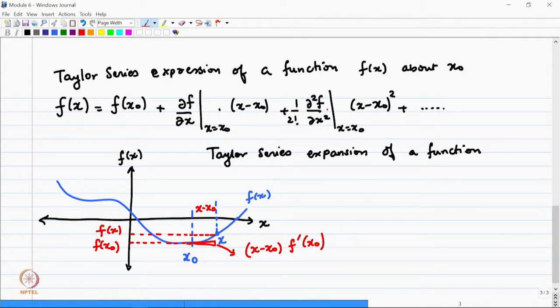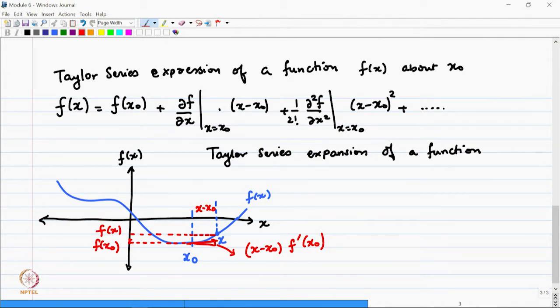I am just writing f prime of x 0 for this expression df by dx evaluated at x equal to x 0. This slope multiplied by this will give you this additional increment, which I am showing on this axis.